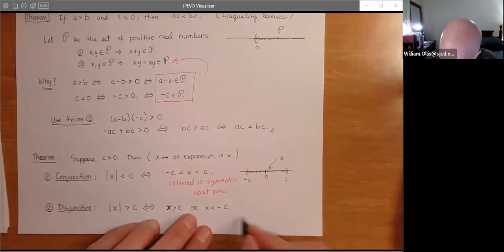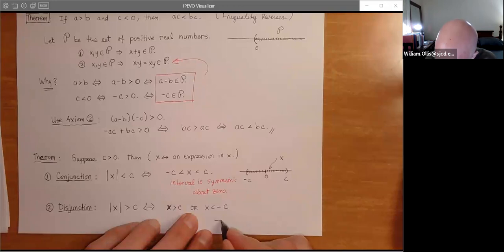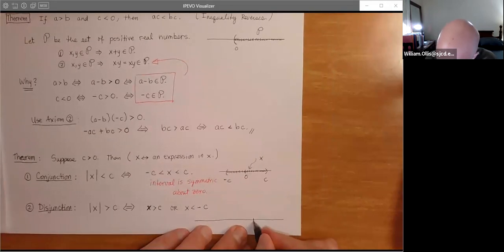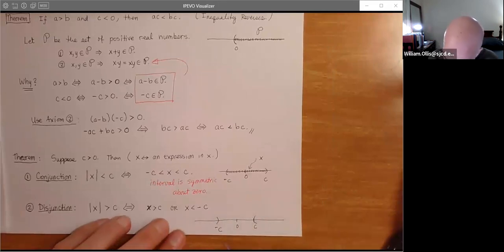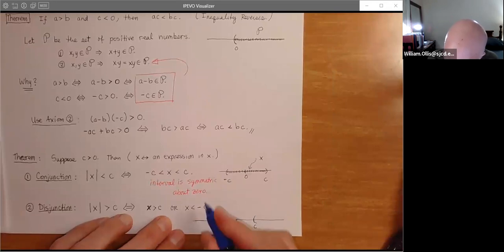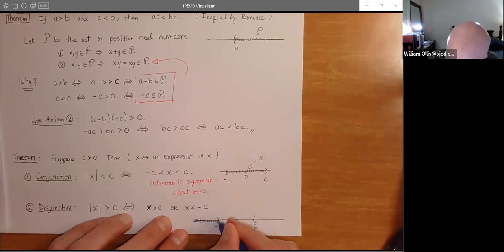So what we get is broken up, so to speak. So we have a c here. We've got 0 in between, and then the additive inverse of c. And so what we have are infinite intervals here that are disconnected.